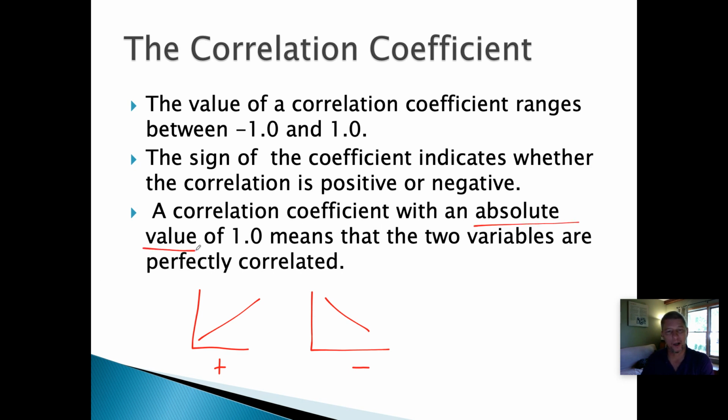A correlation coefficient of -1 is just as strong as a correlation coefficient of +1. 0 is the weakest correlation. That means there's no correlation at all, no relationship between x and y.